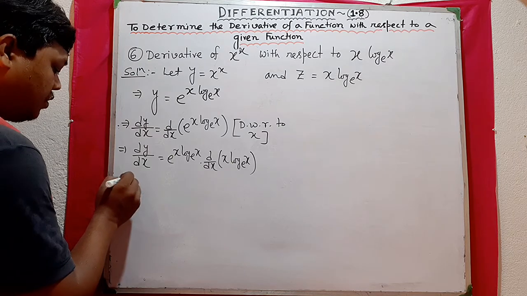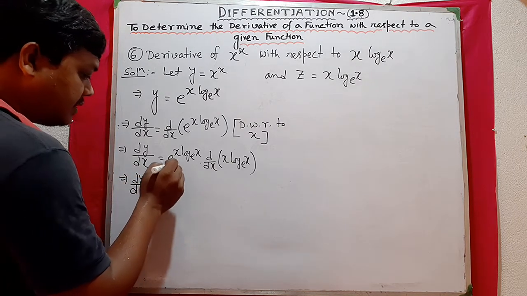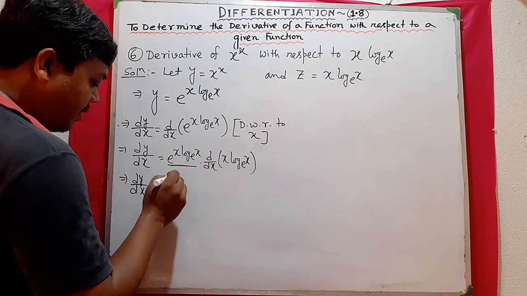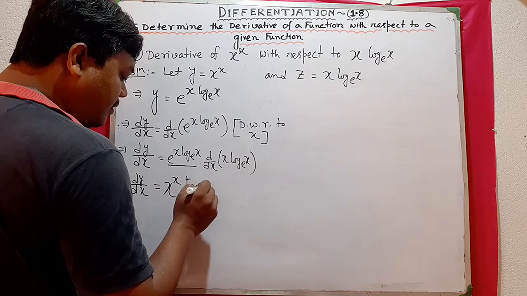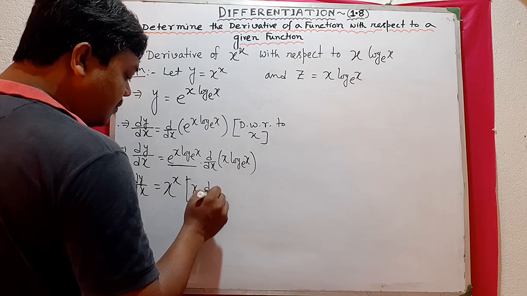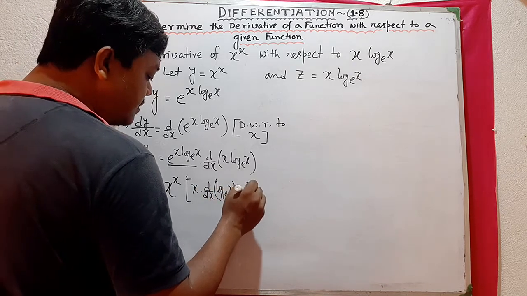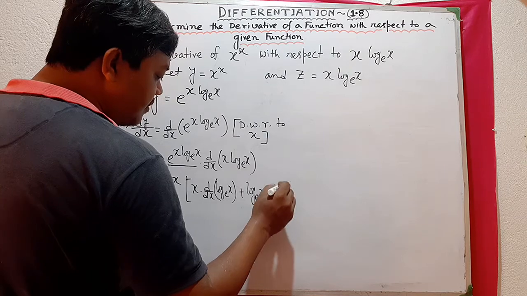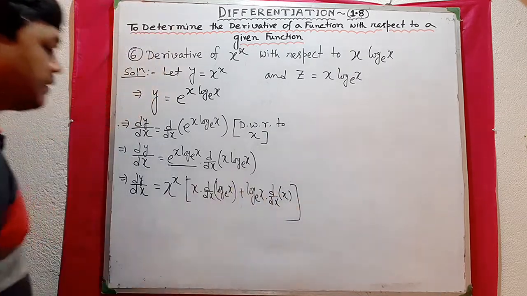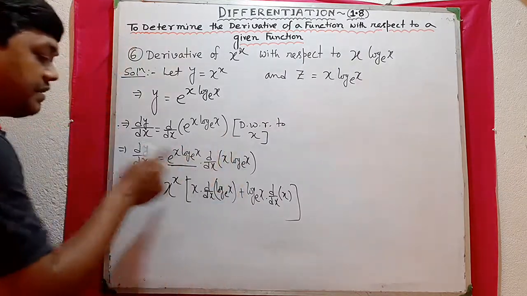Okay, so dy dx, this can be written also x to the power x, and according to the product rule x ddx of log x base e plus log x base e ddx of x. Okay, this is z dz dx.